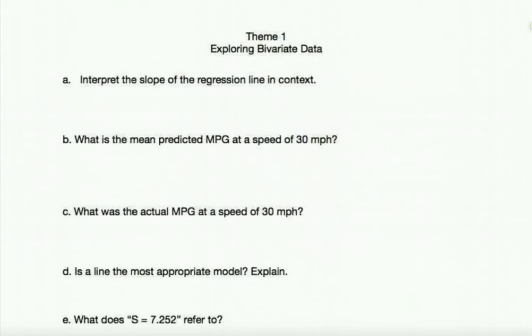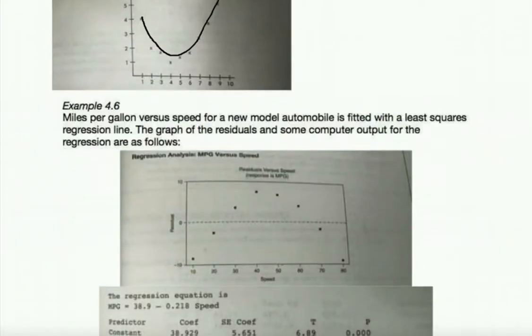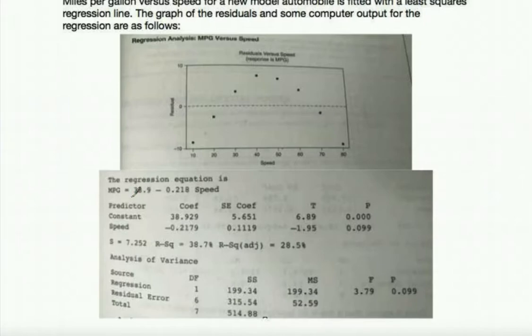All right. Part A asks us to interpret the slope of the regression line in context. When we go back and look at our computer output, our slope is going to be this piece right here. We've got a slope of negative 0.218.